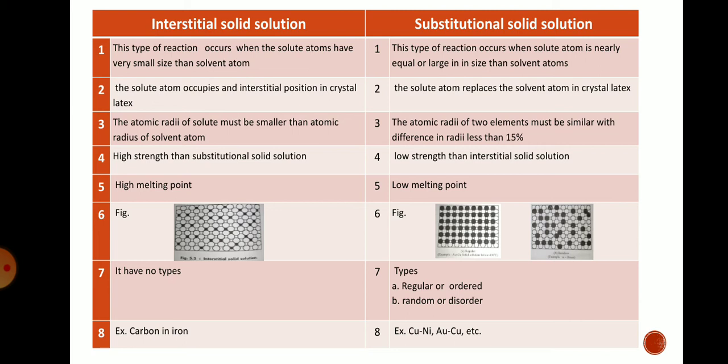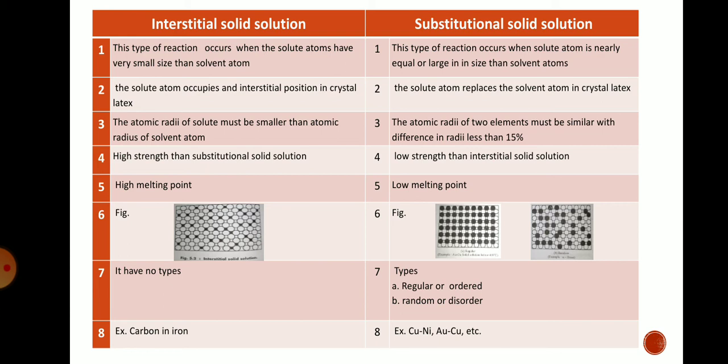There are two types of substitutional solid solution, but there is no such type of interstitial solid solution. These two types are regular substitutional solid solution and random substitutional solid solution.